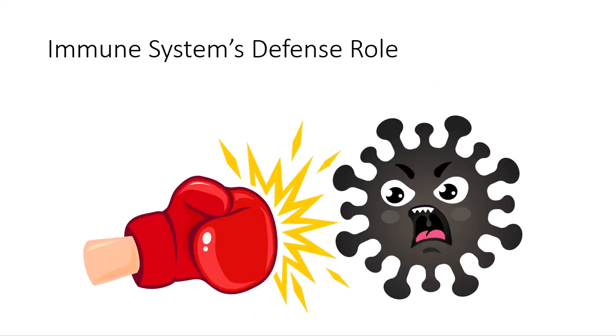I'd like to talk very quickly about what the immune system does, what its role is. We all have this sense that the immune system defends us against bacteria and viruses and things like that. It's commonly portrayed that we need a strong immune system, like this punch knocking out a virus here.